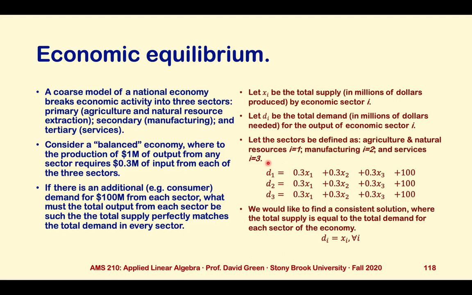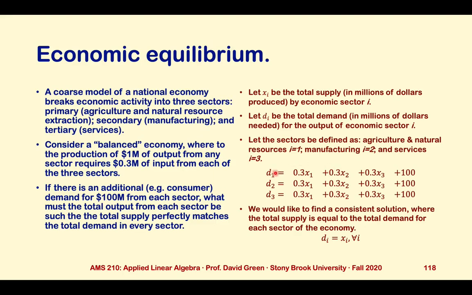The total demand in sector 1 comes from 4 places. How much of the product of the primary sector was needed to produce primary sector output. That's here, 0.3 million for every million produced, right? So 0.3x1. To produce manufacturing, secondary sector output also requires 0.3 million of sector 1 output.